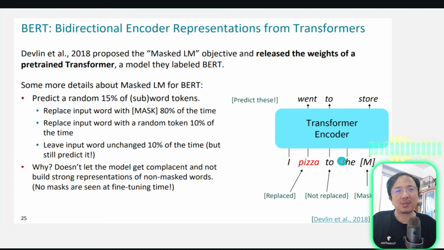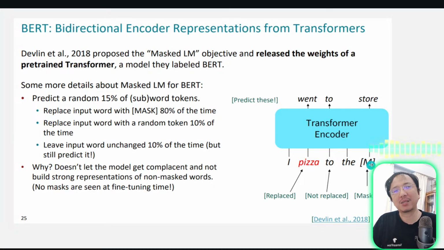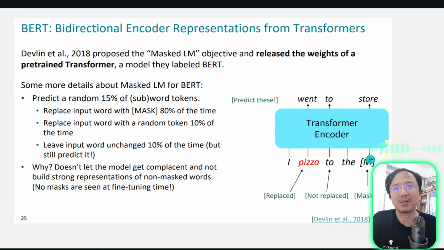So there are several different types of corruption. One is simply given a mask. It has a special token to indicate it is the mask, and also some words are replaced with a different word, which is a kind of corruption, a kind of different noise.